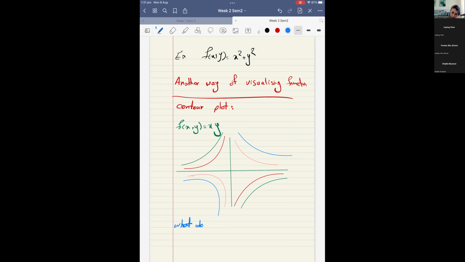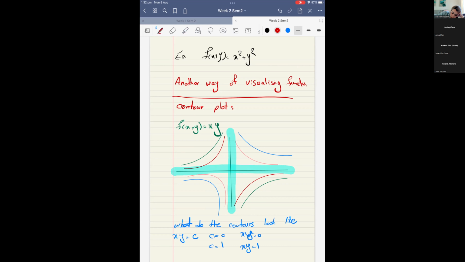What do the contours look like? I write xy equals c. If I put c equals 0, it means xy equals 0, means this line, x or y equals 0. If I put c equals 1, it means xy equals 1.